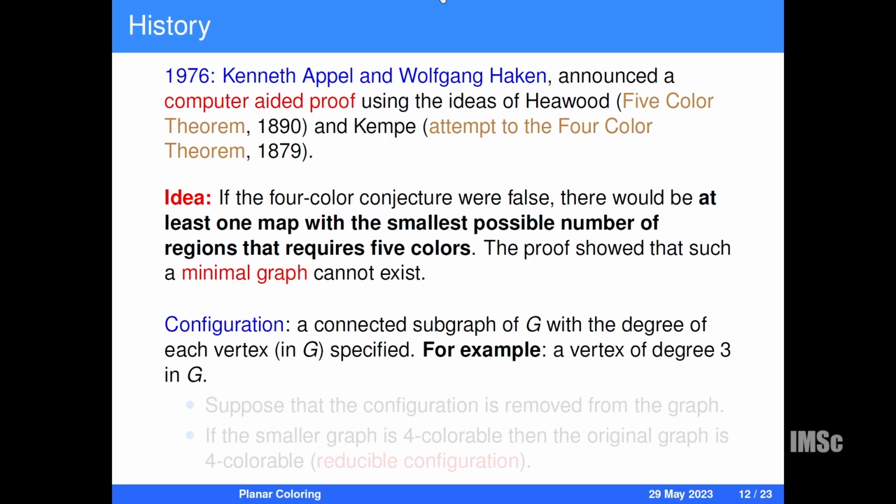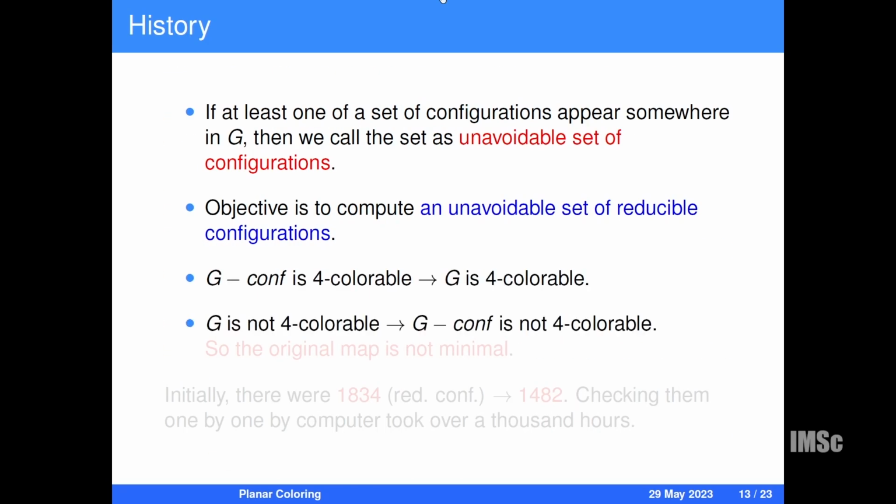We want to build such a minimal graph, a map with the smallest number of regions that requires 5 colors. So let's say there is a graph which is a counterexample, and it cannot be colored using 4 colors.